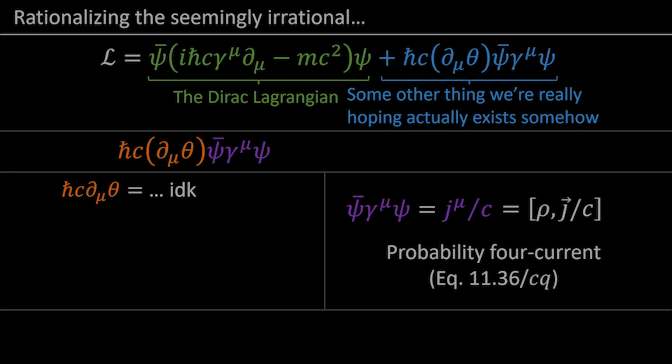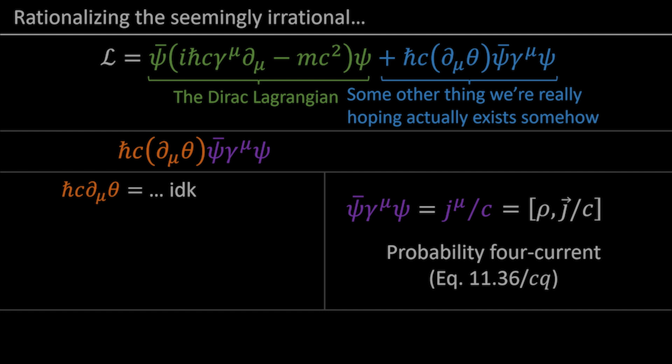Anyway, J1, J2, and J3, that is the spatial parts of the probability four-current, are going to be the probability current, so the way that probability density flows from one place to the next. So this purple term has to do with how much of the electron is at some point in space and how much it's flowing. And this is a contravariant four-vector.